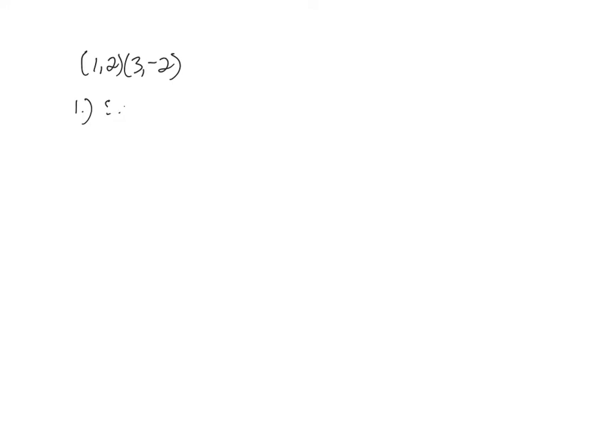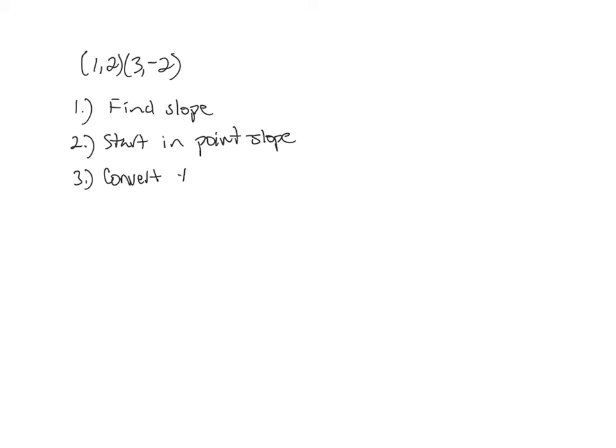Well, let me even back up there. So the first thing that you're going to have to do here is find the slope. Then we're going to have to start in point slope form, and then convert to slope intercept.